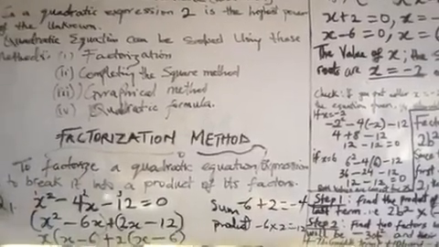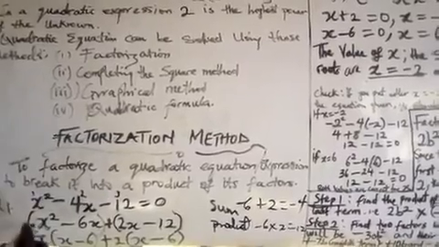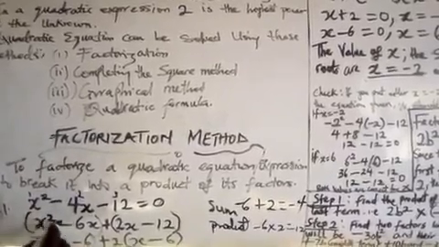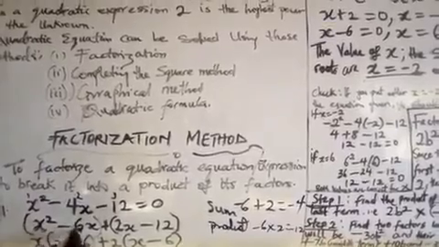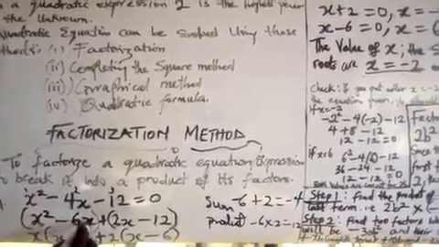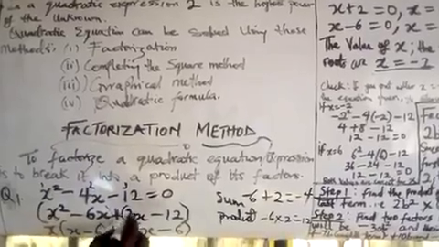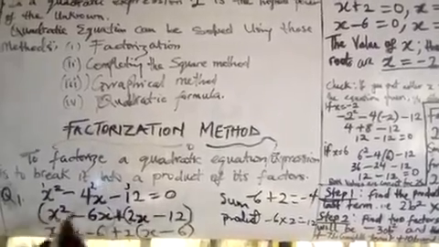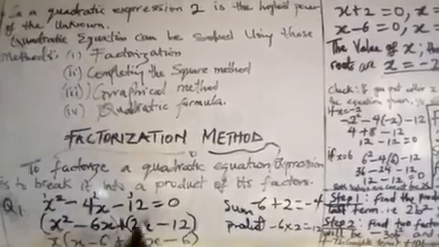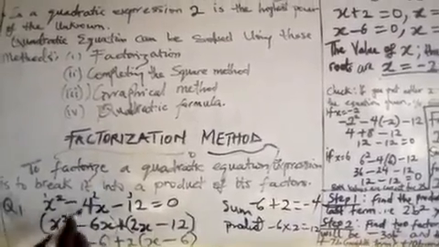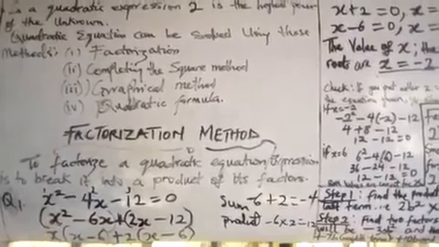So you put x squared minus 6x plus 2x minus 12, and by the time you take the sum of these two middle values, you get minus 4x.